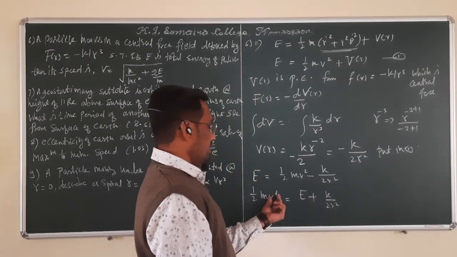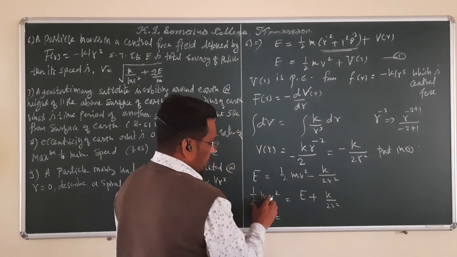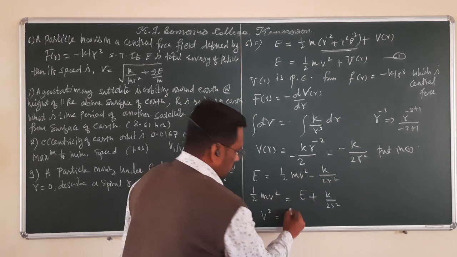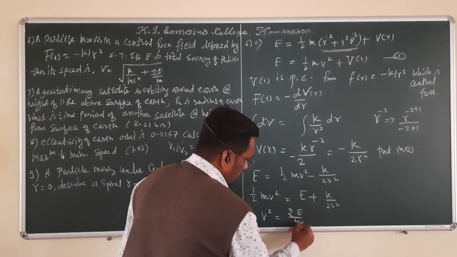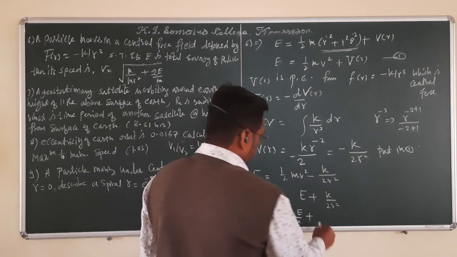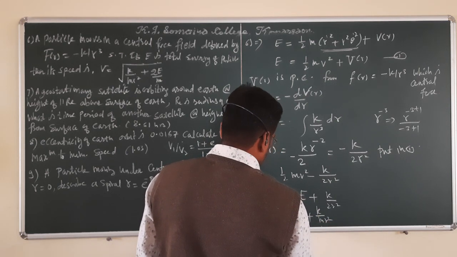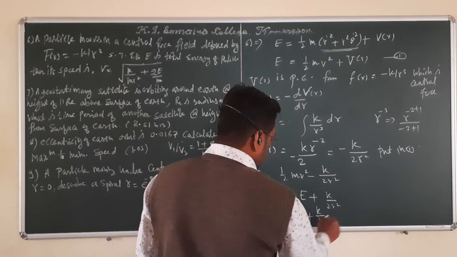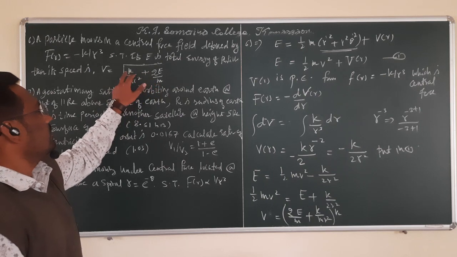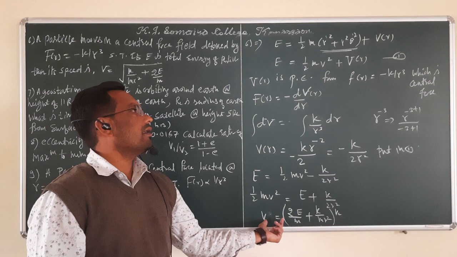Now v square is equal to, we multiply by 2 on the right hand side and divide by m: twice E upon m, plus, the 2 will cancel, k divided by m r square. If you take the square root, v is the square root of twice E upon m plus k divided by m r square. So this is the required answer.